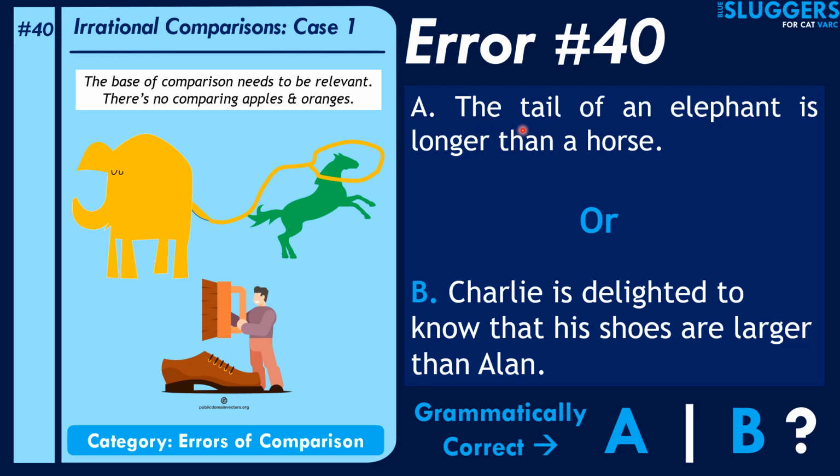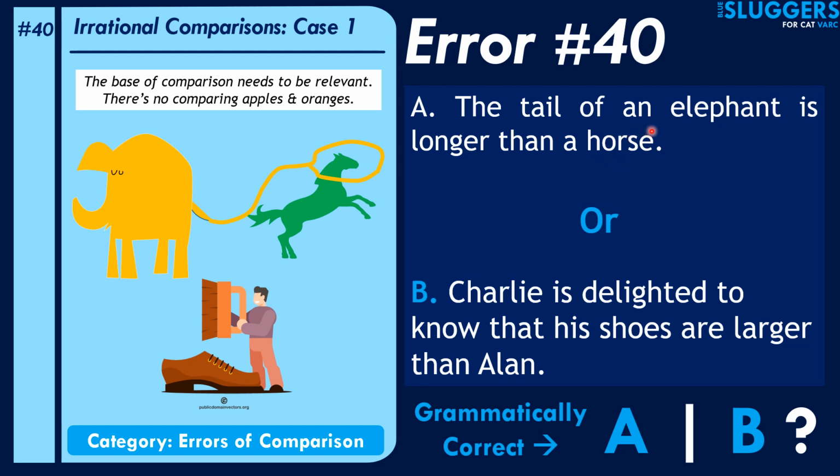So look at the sentence. It says, the tail of an elephant is longer than a horse, right? Now, if you don't peruse the sentence very carefully, closely, तो आपको लगेगा कि हाँ ठीक है यार, obviously tail of the elephant तो घोड़े की पूंछ से तो बड़ी होगी, or maybe I don't know, factual accuracy की बात नहीं हो रही, we're talking about the grammatical accuracy.